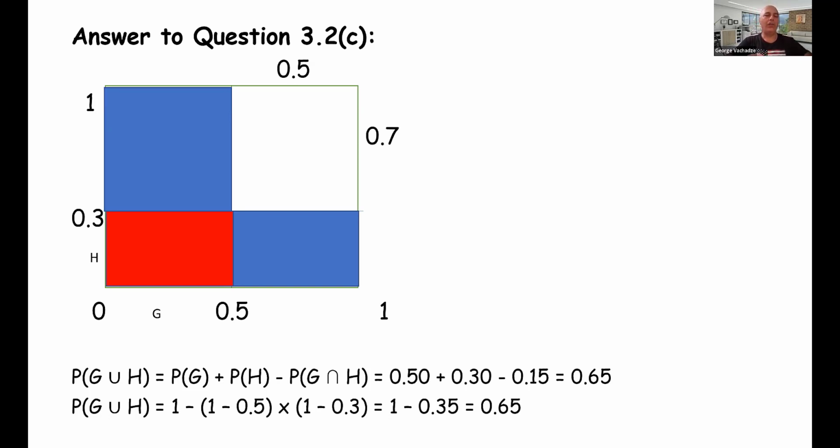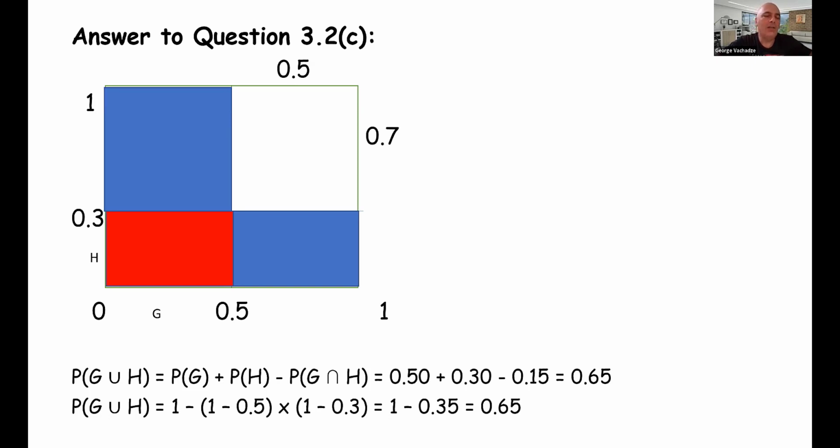So the area of the vertical rectangle is 0.5, which is the probability that the student takes math class. The area of the horizontal rectangle is 0.30, that the student takes science class, and we twice counted the students who take both classes. So we take out once this intersection and we get 0.65, which is 65%.